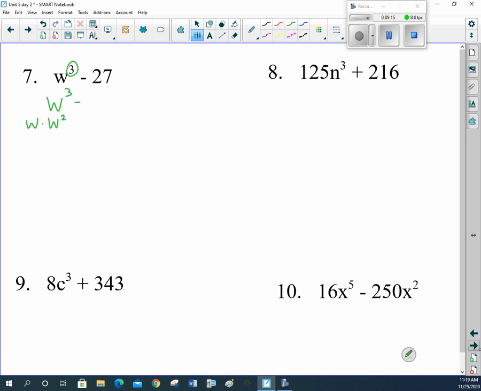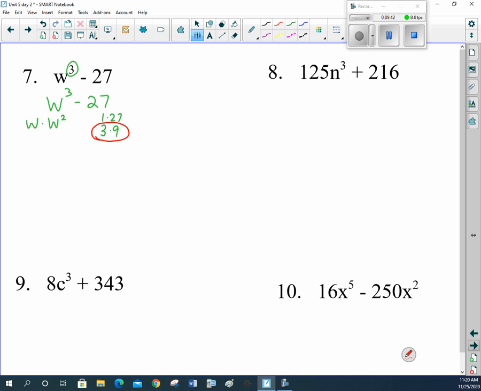So my factor pairs of 27 are 1 and 27 and 3 and 9. Oh, I should have left it written as 3 to the third. You want to use the factor pair that has the factor that's the perfect cube. So 3 to the third is 27, so you want to use the factor pair with the 3.